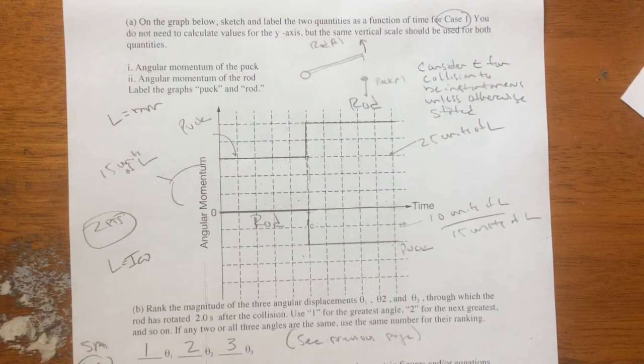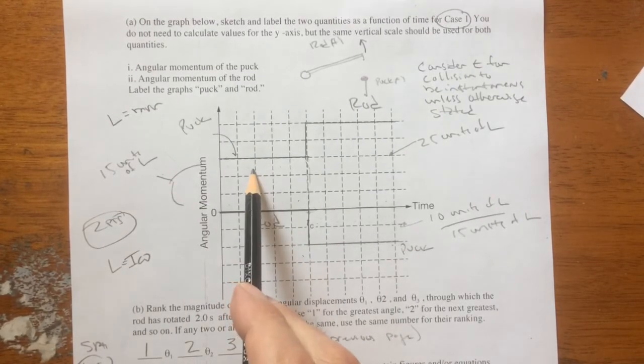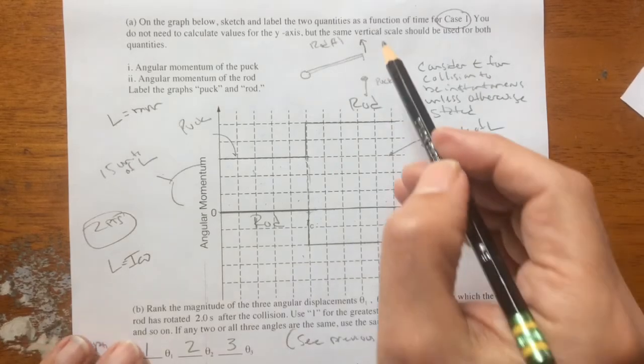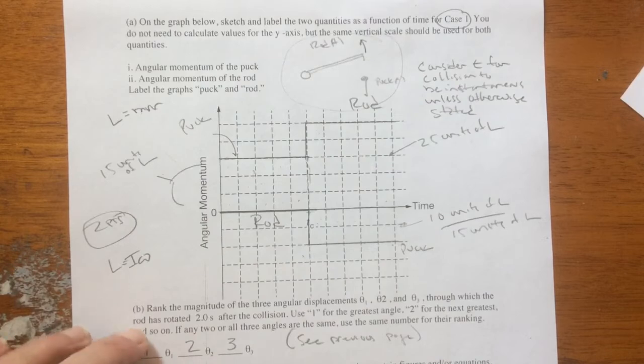They're telling you angular momentum is angular momentum. You know angular momentum is conserved. So if you got some positive here, you got to have the same quantity there. In the absence of an external torque, angular momentum is conserved. And in this case, we are considering this all one system. There's nothing external coming in.